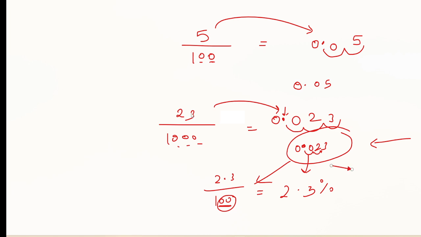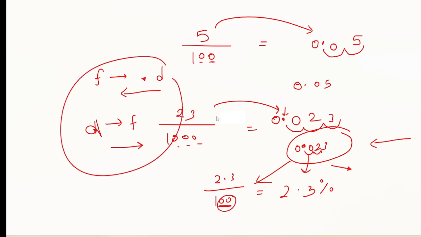When we convert a fraction into decimal, we always move towards the left. But when we convert a decimal into a fraction, we always move the decimal point towards the right.